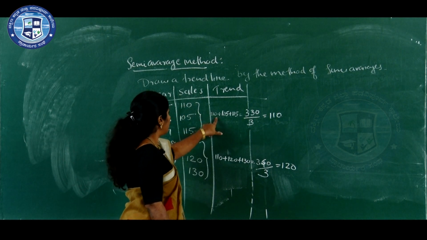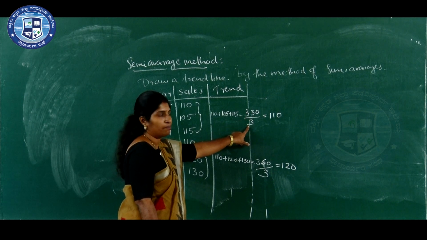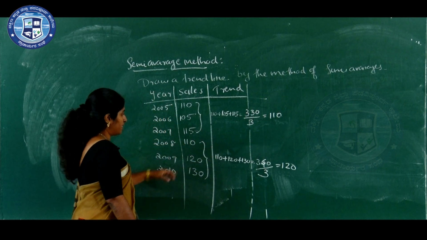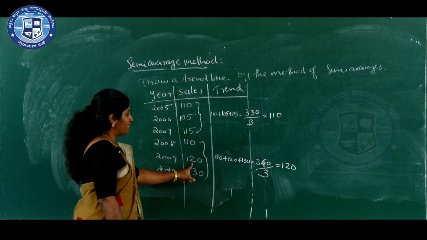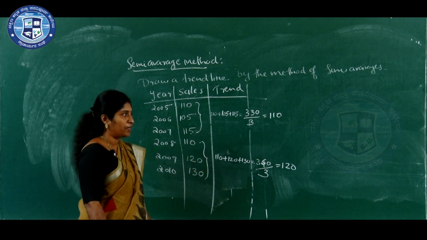So 110 plus 105 plus 115 comes to 330. Divide by 3, since there are 3 observations, and that is 110. Next part, 110 plus 120 plus 130 is 360, divided by 3 is 120.